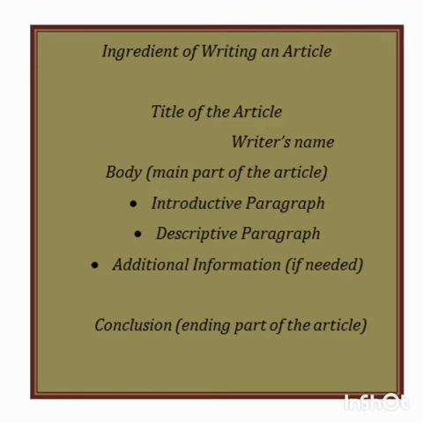Additional information can be added if necessary. So, these are called the introductory paragraph, descriptive paragraph, additional information, and conclusion. The title of the article is essential, the writer's name, and the article can be divided into 2 or 3 paragraphs. So these are the ingredients of writing an article.